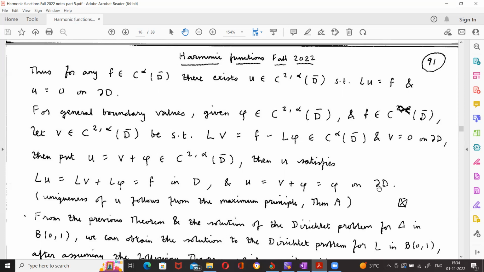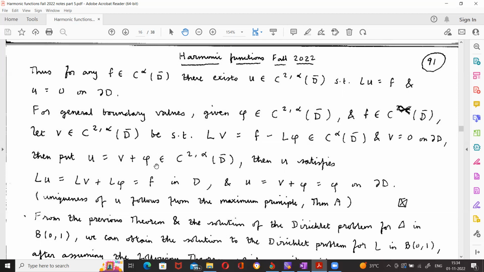So here you can see where we needed the boundary values to be in C2 alpha declosure, that we need the boundary values to extend to a C2 alpha function inside, right? So that we can do this last step where we construct the solution V, and from that we construct the solution U, right?